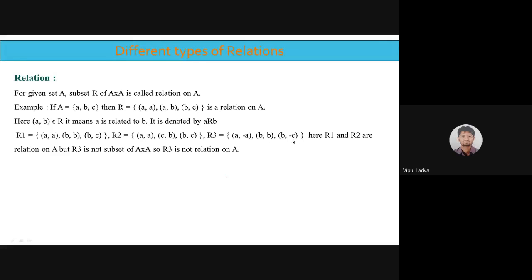You can clearly observe that (B,-C) is not present in A cross A. So this R3 is not gonna act as a relation on set A. ये relation नहीं है. This is not a relation, but both these are gonna act as a relation on set A. Is it? Let me move further.